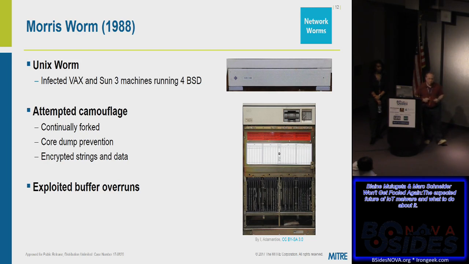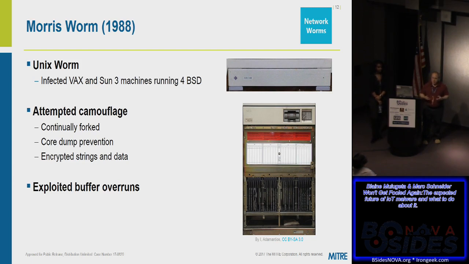They configured the binary so that when it was loaded, it prevented core dumps from being written. So that if you sent a kill signal or there was a bug in it, it wouldn't dump core, and you couldn't have anything there to look at to try and figure out what was going on. And it also did encryption of data and strings.